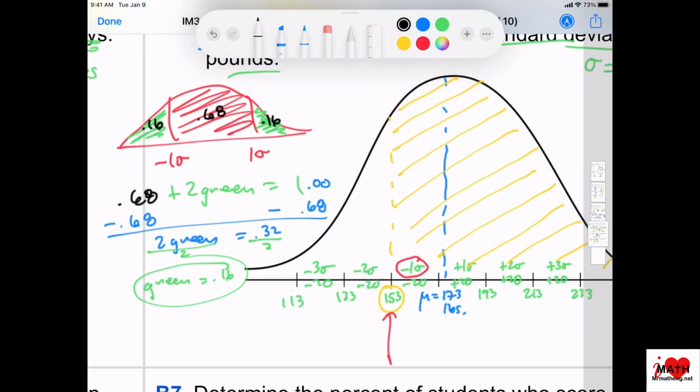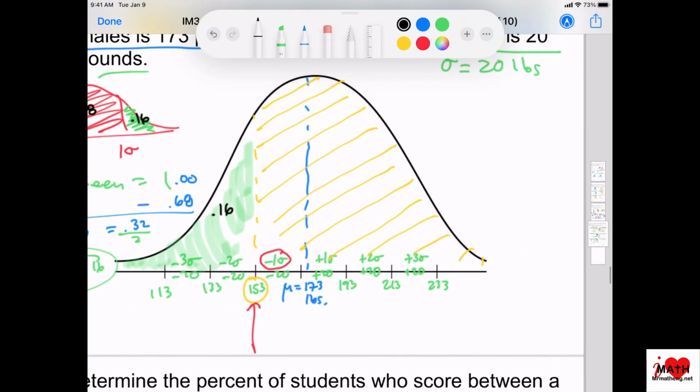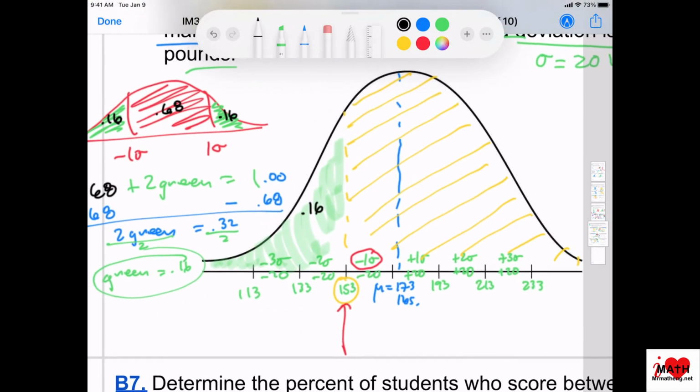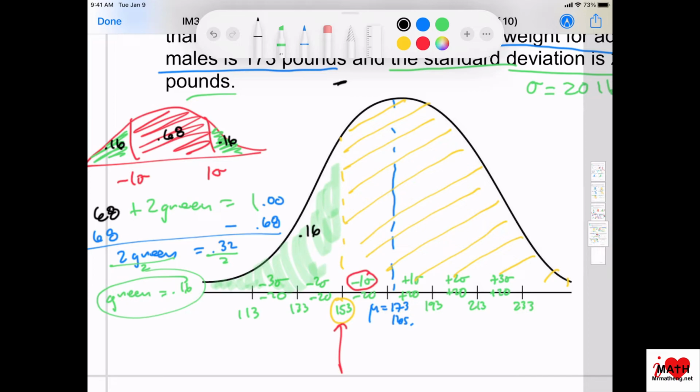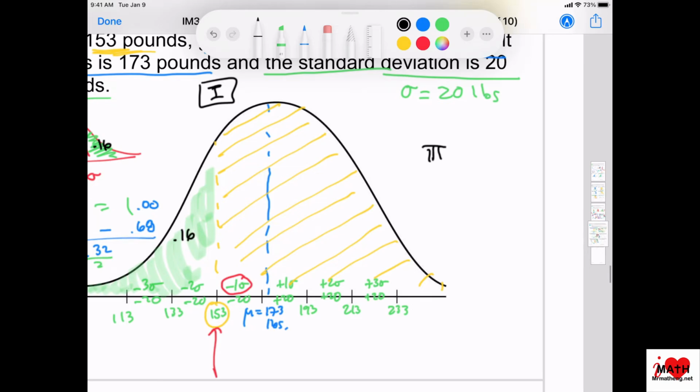So basically, if you think about it, what I just found on that side problem above, I can now apply here. This green region represents 0.16. So you can think of it as, let's say, we did this problem first, then we did over here second, and then third, we're using this idea over here, okay?